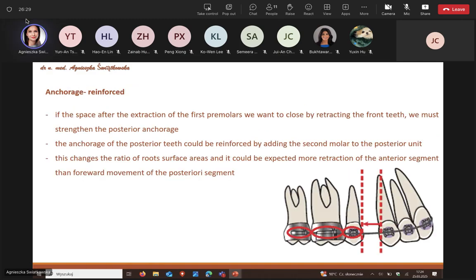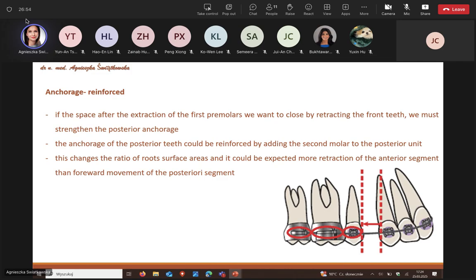Reinforced anchorage. So here is the situation. This kind of anchorage we still use, but nowadays we have micro screws, that's why we use it much more often. But you should know that this method was also used in the past.